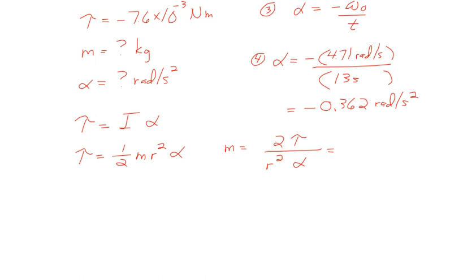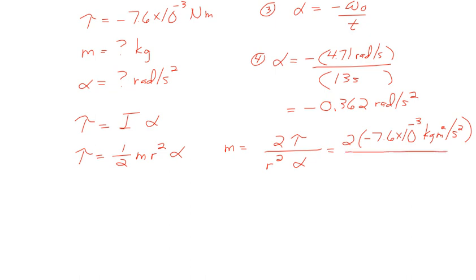So I'm going to get 2, and then the torque is minus 7.6 times 10 to the negative 3. Just to show the units canceling out, I'm not going to write it as a Newton meter. I'm going to write it as a kilogram meter squared per second squared, because a Newton is a kilogram meter per second squared times a meter would get me that.